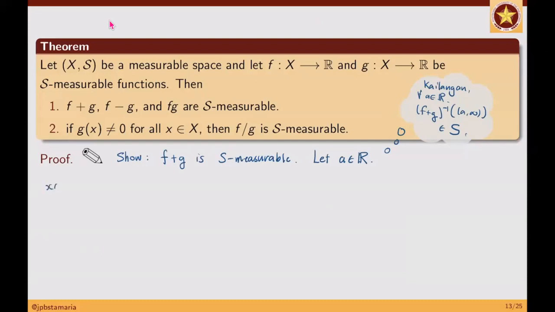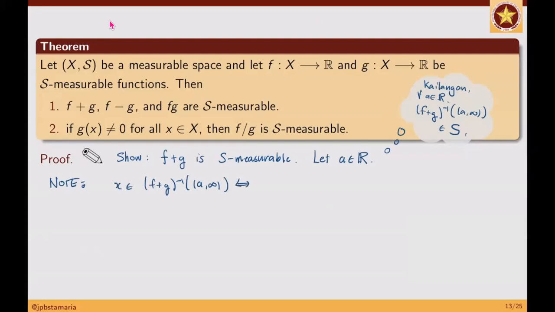Let's look at this. Note, lagay ko note. Okay. So I'm going to consider the set F plus G inverse of the interval from A to infinity. Okay? Titingnan ko, ano yung mga nandito? Ano yung mga nandyan sa set na yan? So I'm going to take an arbitrary X. Okay?